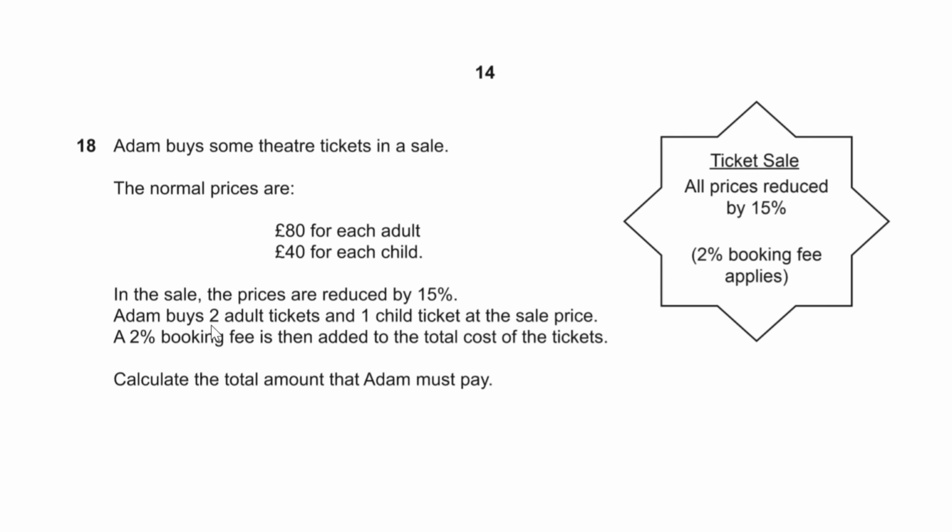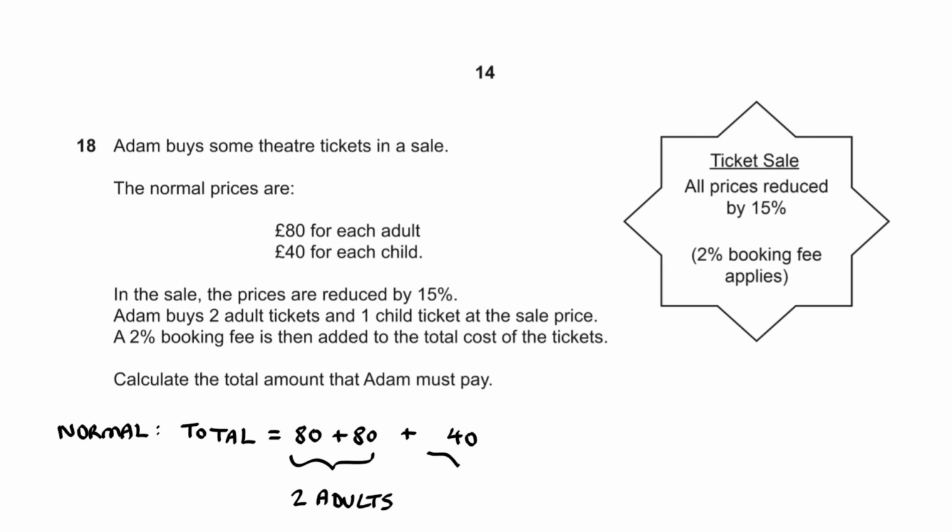Well, over here, he's buying 2 adult tickets and 1 child ticket. And what's happening is the sale price is reduced by 15%. So for the normal prices, the total would normally be 80 plus 80, and that's because we have 2 adults, plus 40, and the reason we add 40 is because we have 1 child.